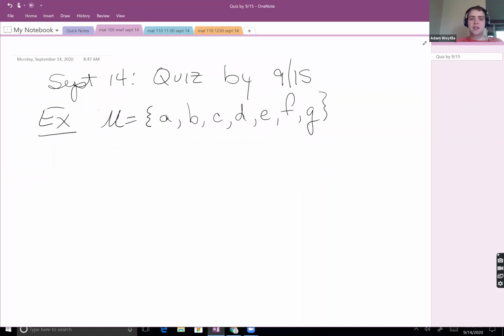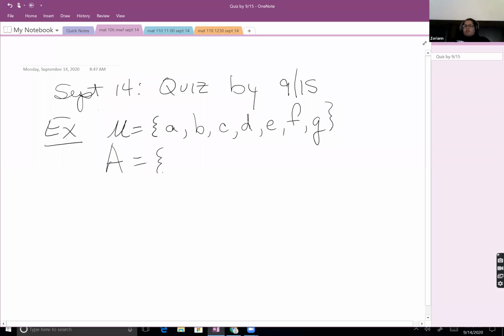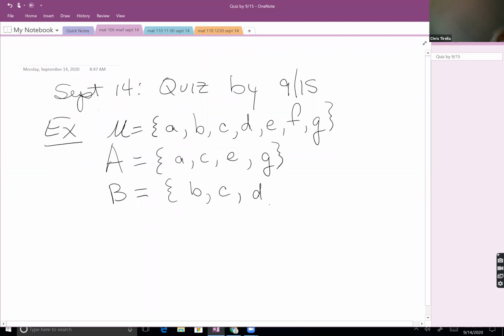We did up to F, so this one's a different one. Let's have A be the set A, C, E, G. Let's have B be the set B, C, D, E.